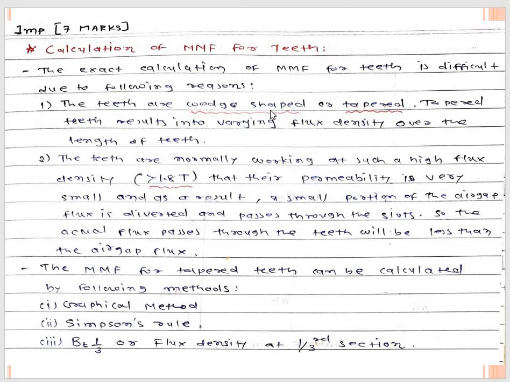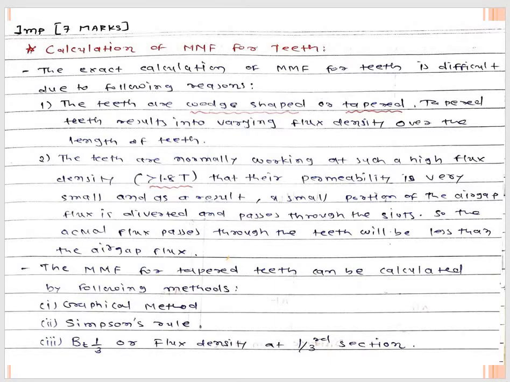Wedge shape means the tooth width is increasing or decreasing in one direction. Tapered teeth result in varying flux density over the length of the teeth.